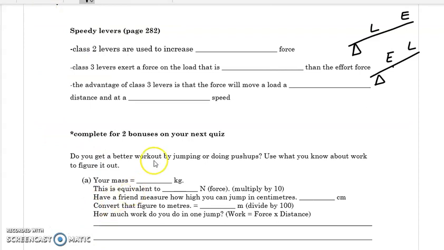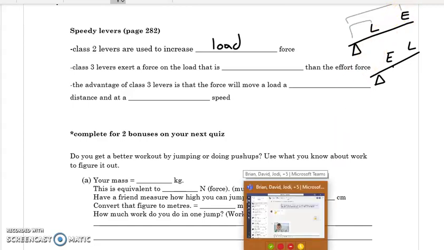So, class 1 levers always are going to increase force. Class 2 levers are always used to increase the load force. You're always going to see a mechanical advantage greater than 1, because the load arm is always less distance than the effort arm.